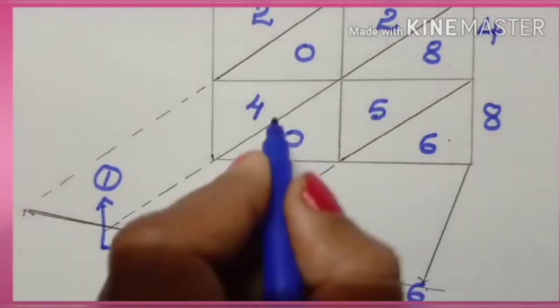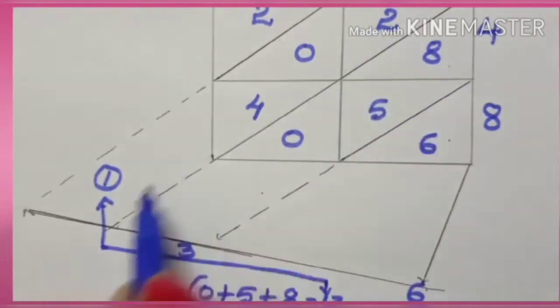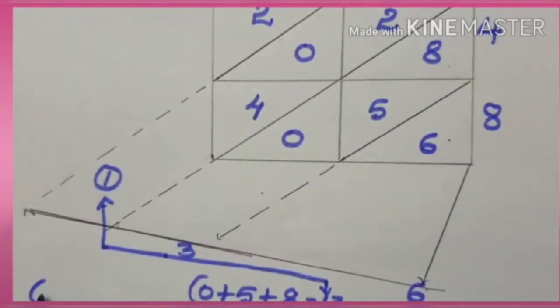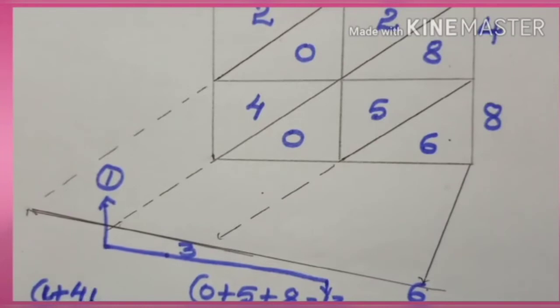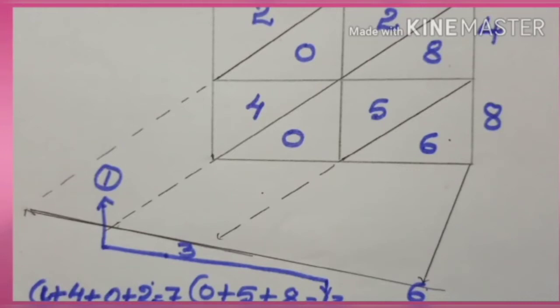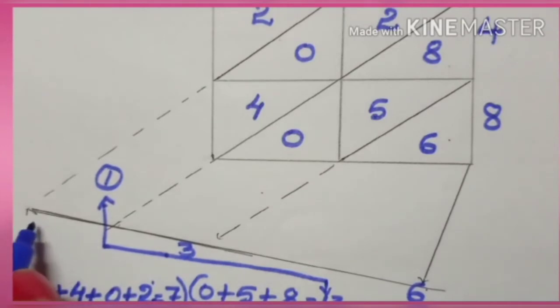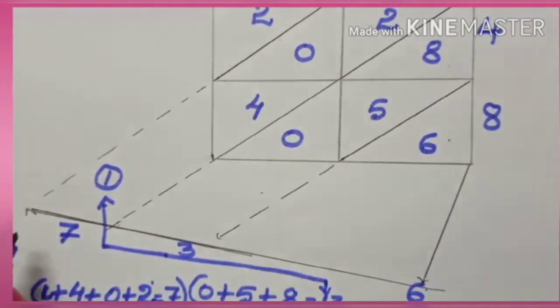Now add the hundreds. 0, 1 plus 4 plus 0 plus 2 is equal to 7. 1 plus 4 is 5. 5 plus 0 is 5. 5 plus 2 is 7. So 7. Write the 7 in the hundreds place.